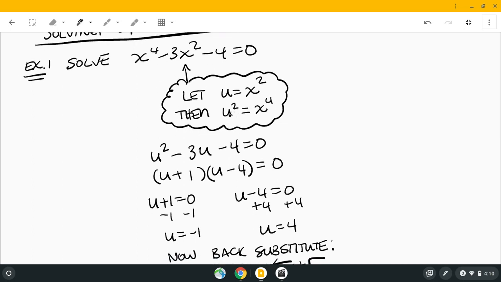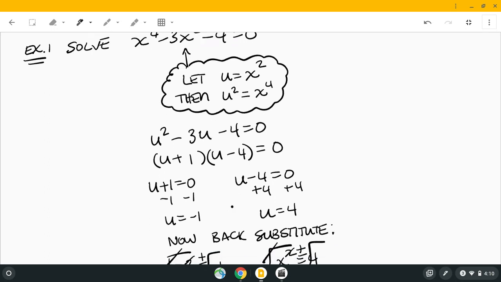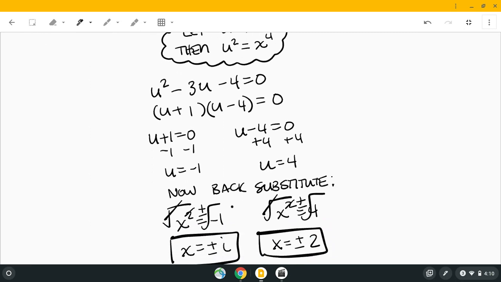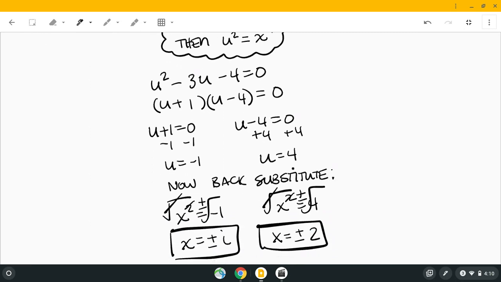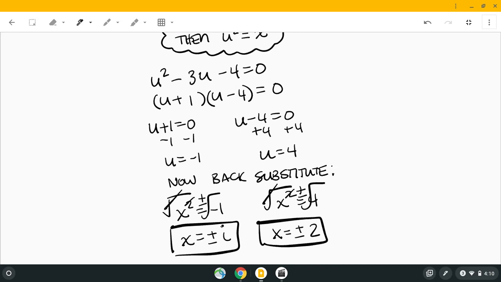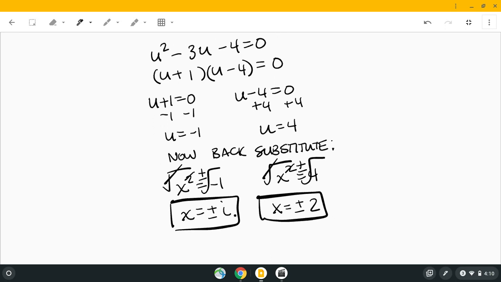Since x to the 4th equals u squared, replace x to the 4th with u squared. And since x squared equals u, replace x squared with u. And then solve it like it's a quadratic. And then once you solve for u, go back and substitute and solve for x, because our variable is x, not u.